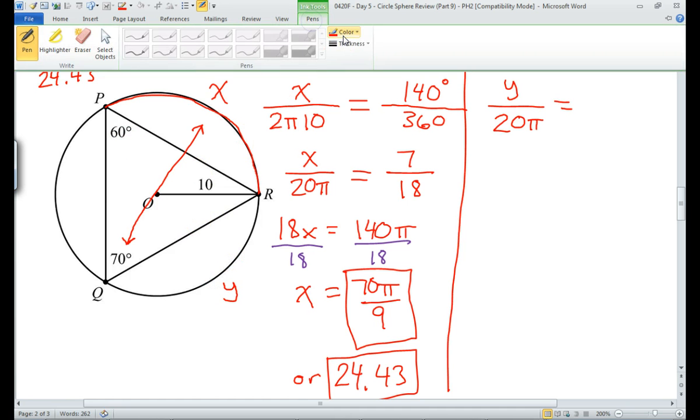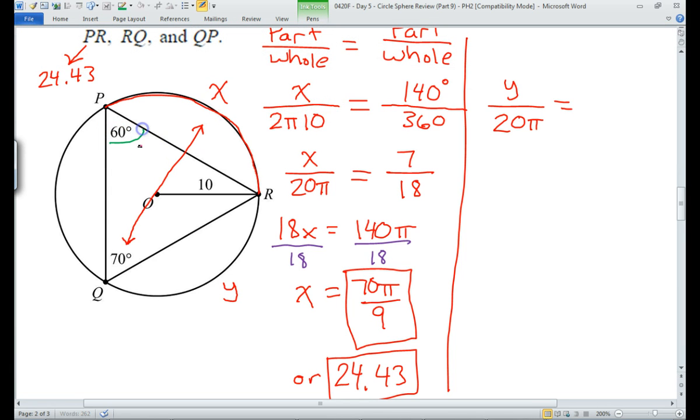Should probably change colors. Okay, looking at the 60-degree angle, and now we're trying to find arc Y, which is this arc right here. Based on the 60 degrees, what is the measure of arc Y?